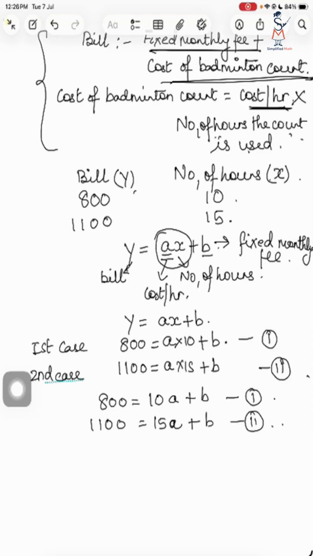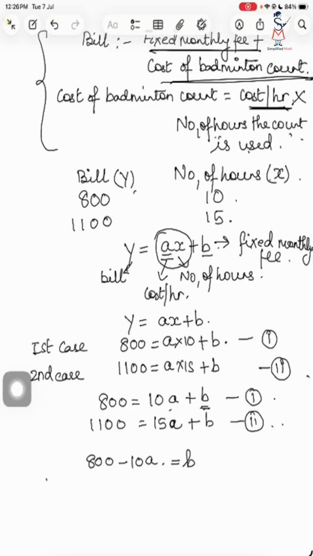So here I am using the substitution method, in which I'll get the value of B in terms of A, because that will be more convenient. I can even get the value of A in terms of B from one equation, but here I am getting the value of B in terms of A. So B is, according to the first equation, 800 minus 10A.